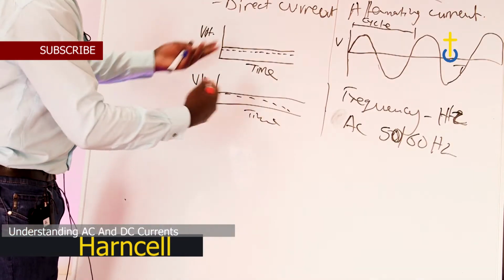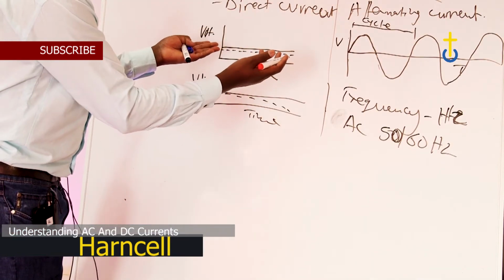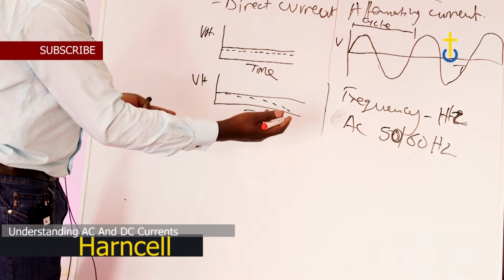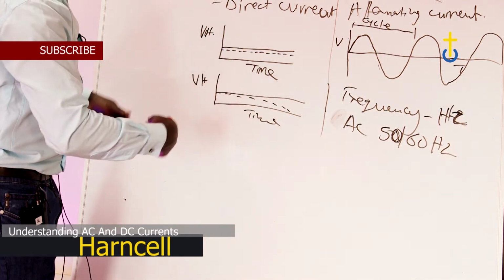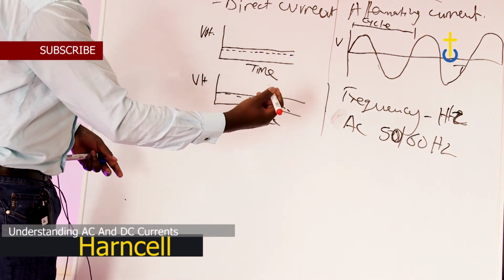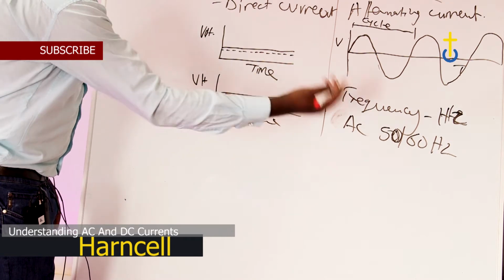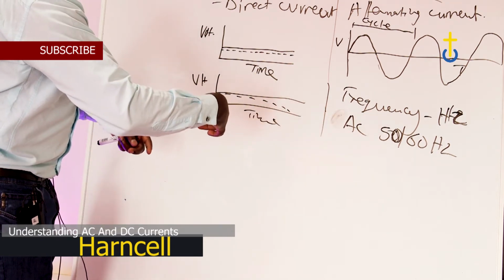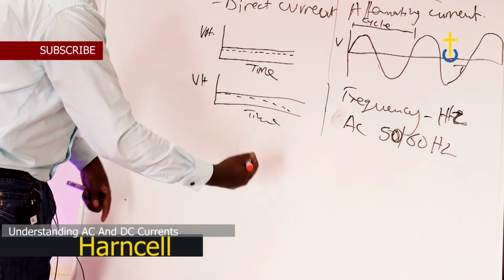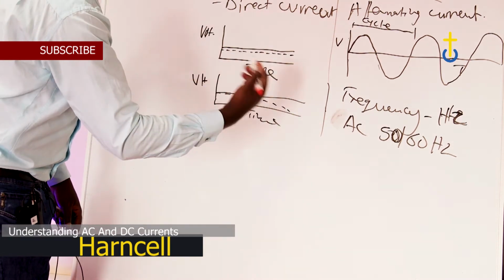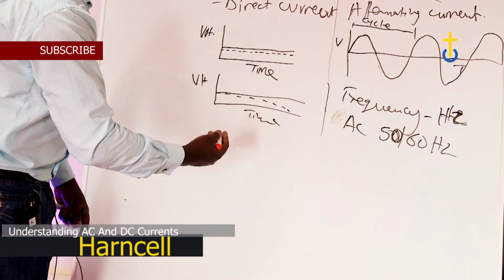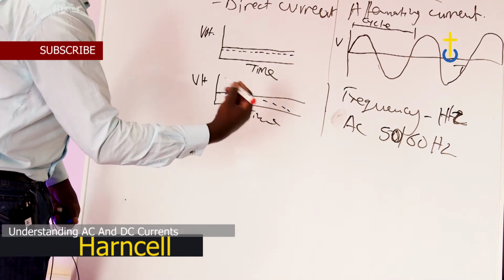Okay? We've seen the graphical representation of both DC and AC. From these two, we can derive, or rather, it is what was used to derive the symbols for AC and DC, so that when you see them in an electrical diagram, you don't confuse them.